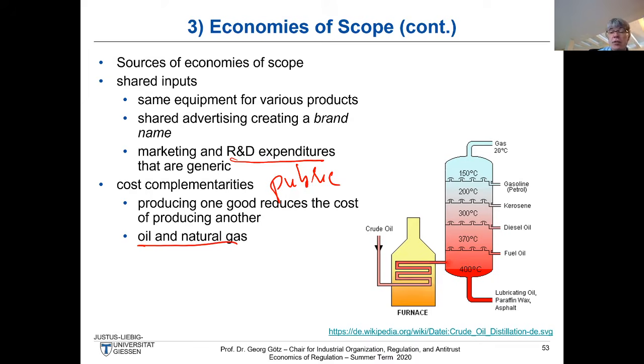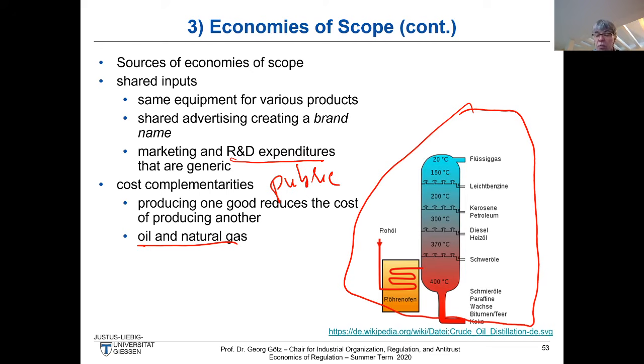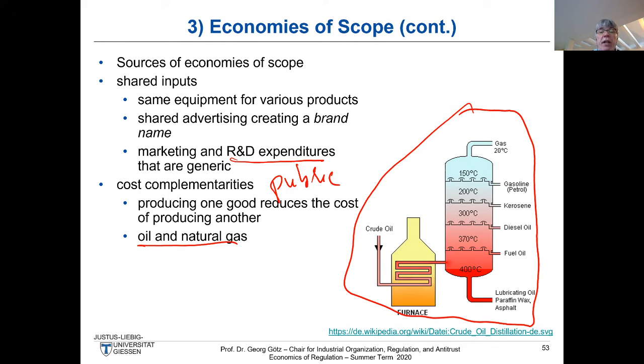This is more like a cost complementarity, but the interesting thing is here, that's why I use this illustration. Crude oil. Crude oil is really an interesting public input. This is now the English version. Here I have the German one as well. Crude oil would be Rohöl, and you produce many different things which have whatever these temperatures are. In German it's Schmelzpunkt. It's not a boiling point. I don't know what is in English, but from crude oil you get out all these kind of different things.